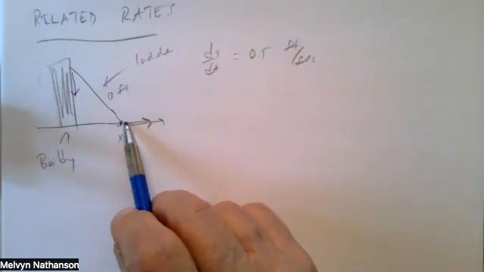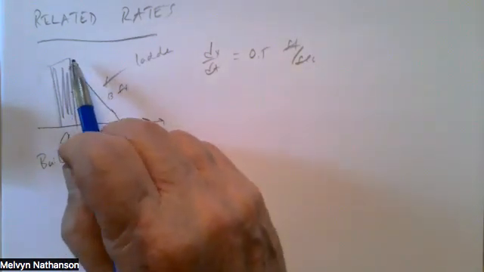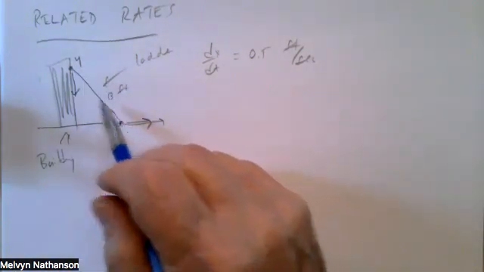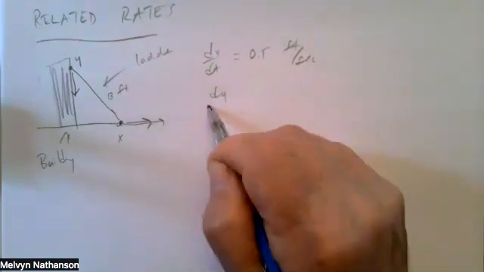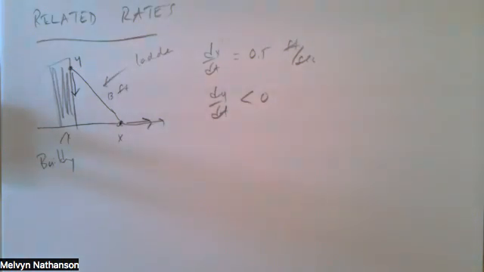So every second you pull this ladder half a foot to the right. And let's say the height of the ladder is y. So what is happening to the top of the ladder as you pull out the base? It's dropping. So whatever dy dt is, it's decreasing. So the derivative is negative.